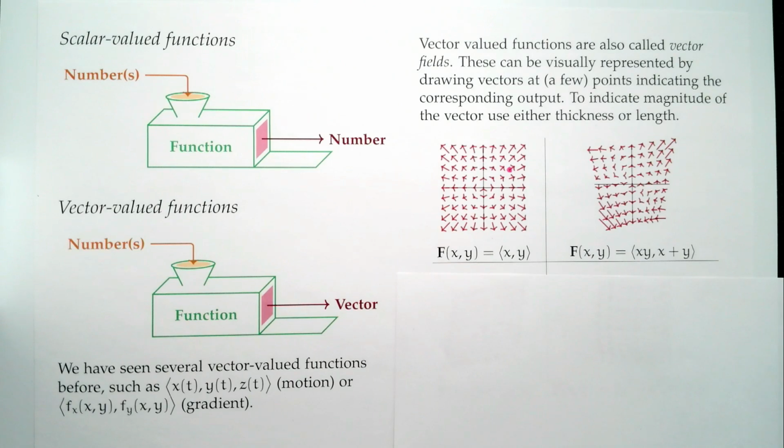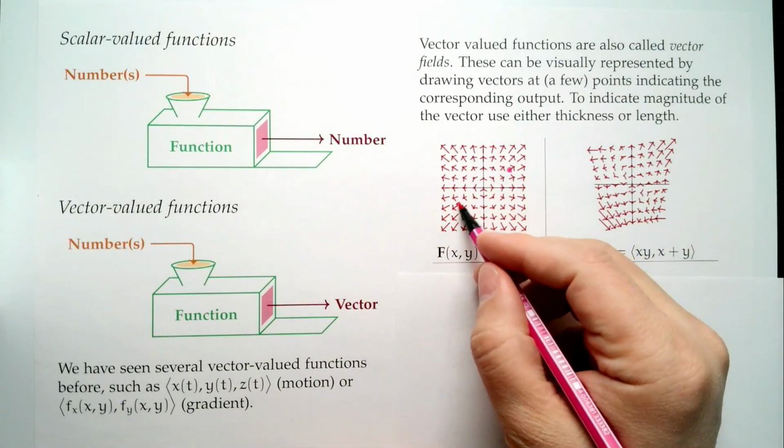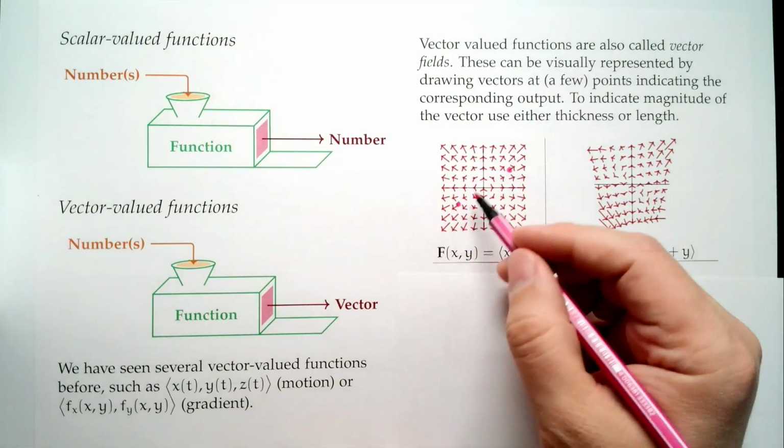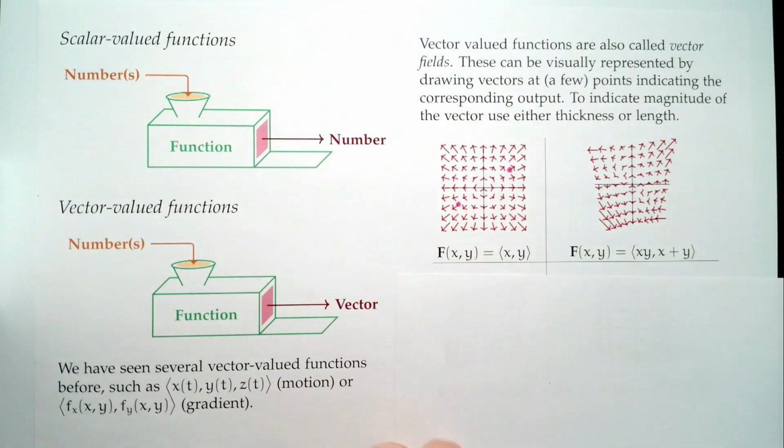In particular, as I come out from the origin, I want to keep moving out from the origin. So if x is positive, the direction of x is still positive, so it's still moving away. If y is positive, the direction of y is still positive. On the other hand, if I come over here, say where x and y are both negative, now I'm moving more negative in both directions.